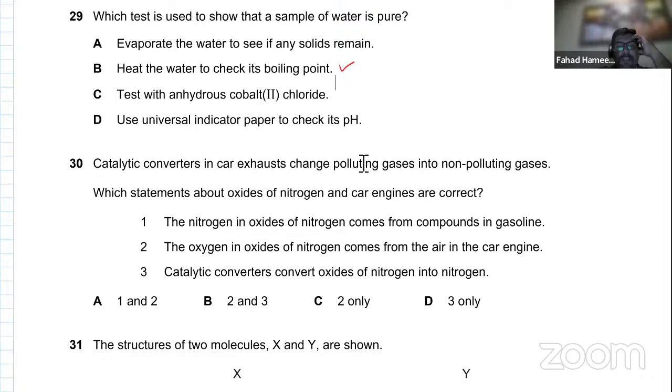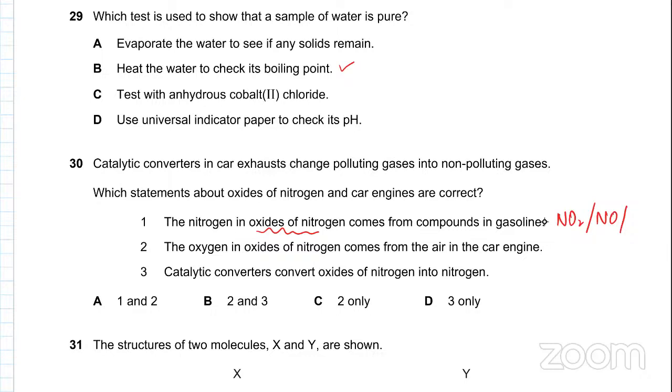Acha, catalytic converters in car exhaust change polluting gases into non-polluting gases. Which statements about oxides of nitrogen in car engines are correct? So nitrogen in oxides of nitrogen come from compounds in gasoline. Where do these oxides of nitrogen come from in the car engine? How are these pollutants produced?